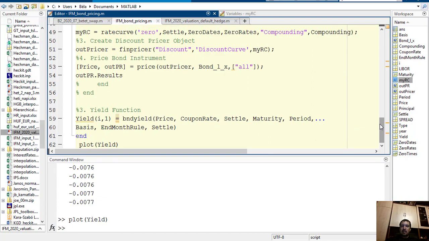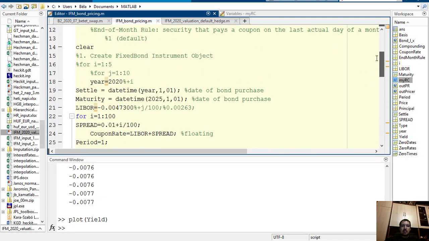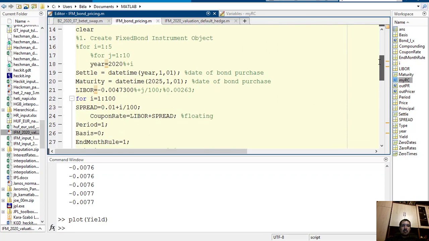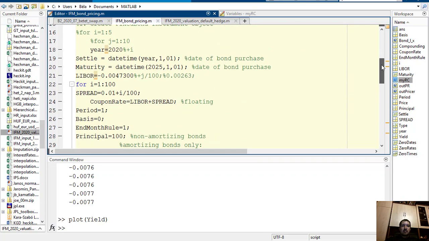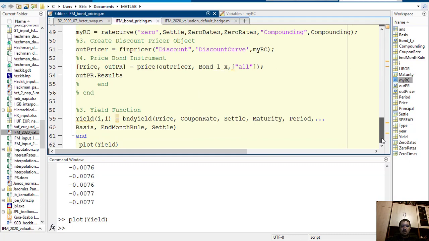So just increasing the spread will not contribute if the price is similar. But what will happen with the price? So we have to run this thing again. Just now I will be wiser, and I will turn this thing on and put this here.